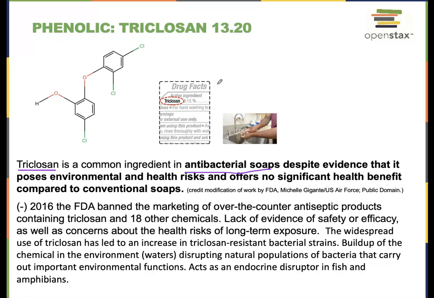They're not any better at killing microbes than just regular soap. And on top of that, triclosan is actually dangerous for your own tissues. There's some risk in having some issues with triclosan on your body. And thirdly, you can cause triclosan-resistant bacteria to form.